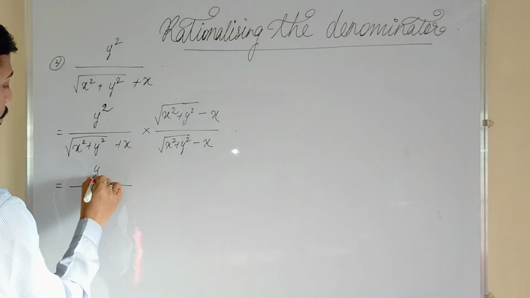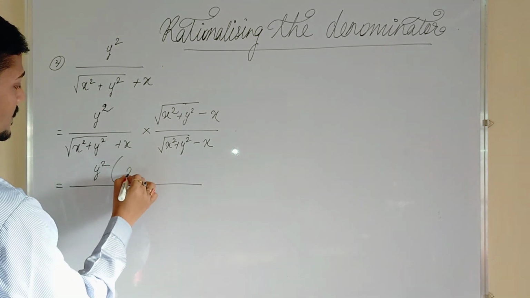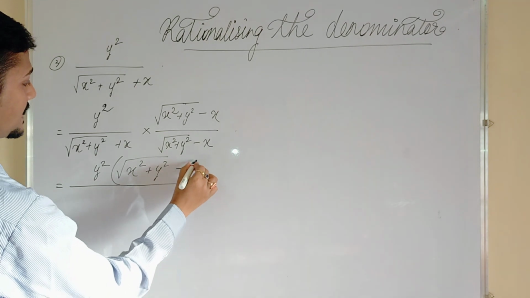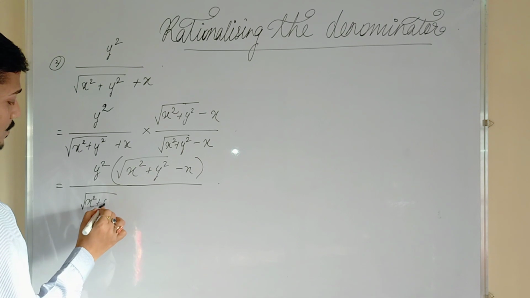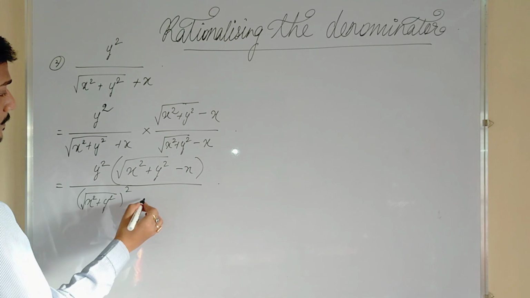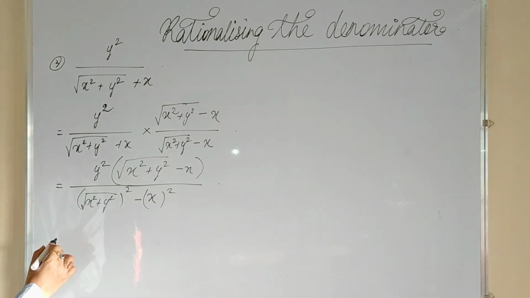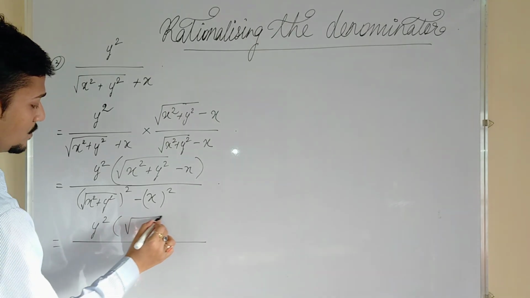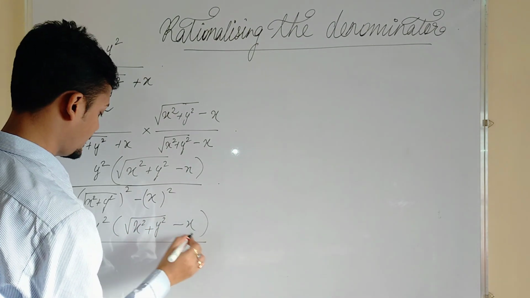Next, y square into x square plus y square, root over x square plus y square minus x, and this will be root over x square plus y square whole square minus x whole square. Is it not?